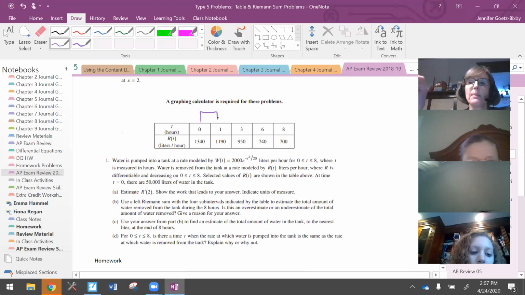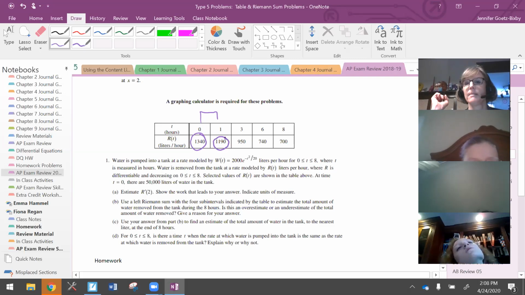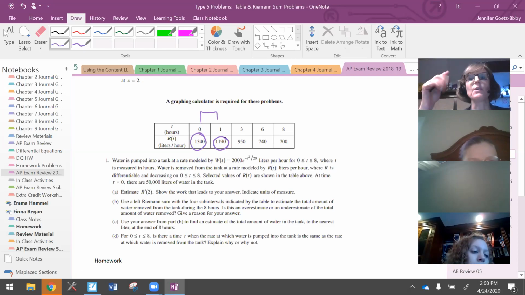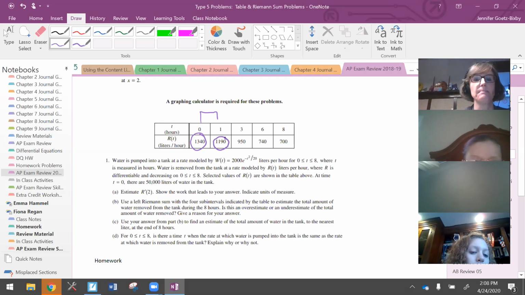If I'm using LRAM, then I take the value on this side. If I'm using RRAM, I take the value on this side. If I was going to use MRAM, I would have to use a bigger interval. But it's a matter of which height of your rectangle you take, whether from the left side of the interval or the right side of the interval.